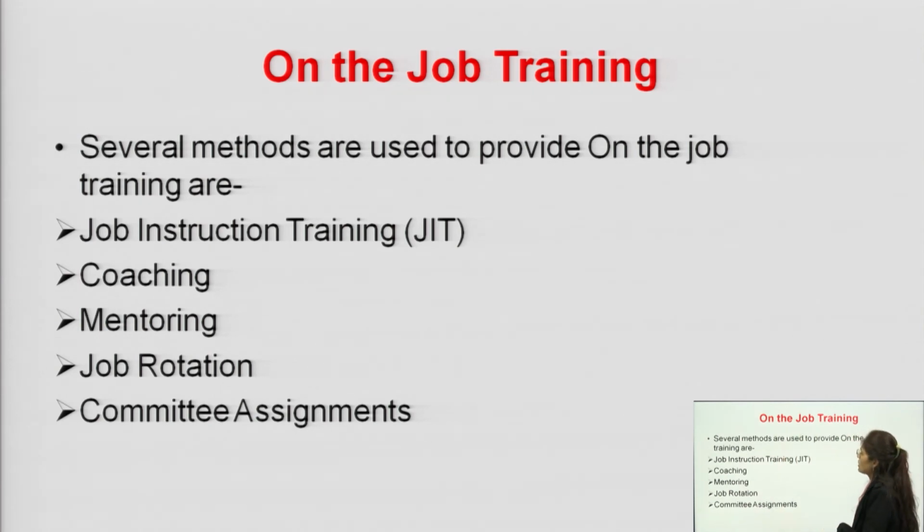Next one is coaching. Coaching is a one-to-one training where the immediate supervisor gives training to the employees, where the trainer gives information related to a particular job, the nitty-gritty things. So in coaching, all the job related information is given by the trainer to the trainee.